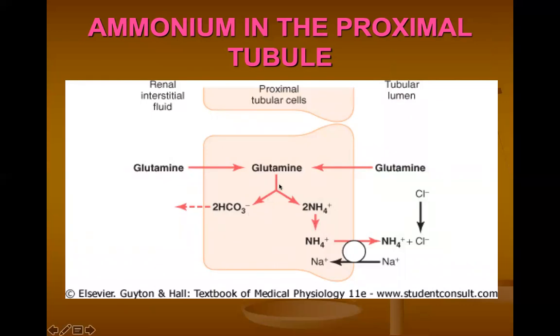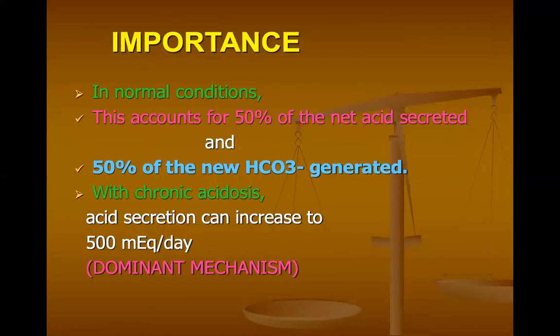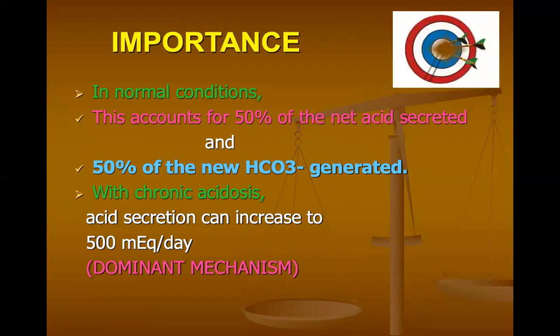So for each molecule of glutamine, 2 bicarbonate are generated and 2 H plus ions are secreted. So this accounts for 50% of the net acid secreted and 50% of the new bicarbonate generated. So now we have hit the bullseye.